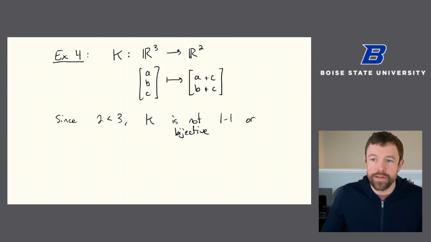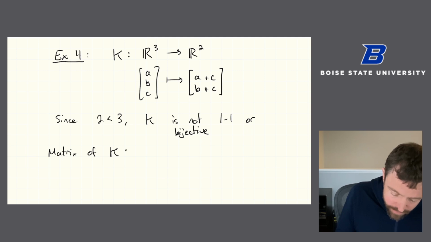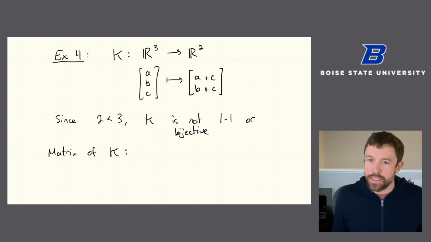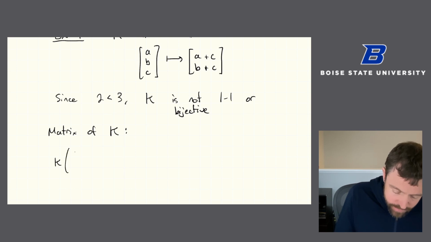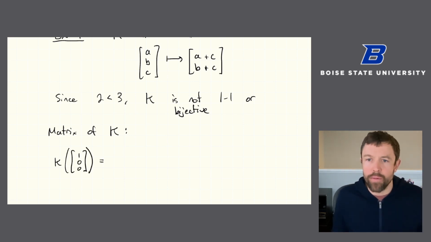And again, we're going to need to find the matrix of this transformation. And so how do we find the matrix of K? We have to figure out where it sends all of the standard basis vectors. And it actually is not too bad. This might be a hard thing to figure out, but once we realize what we're supposed to do, where does 1, 0, 0 go?